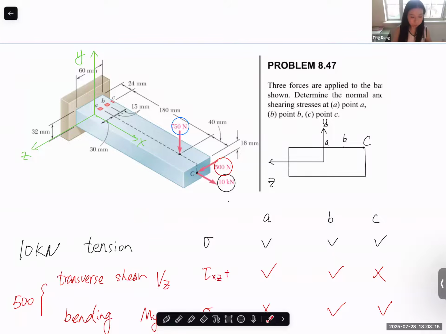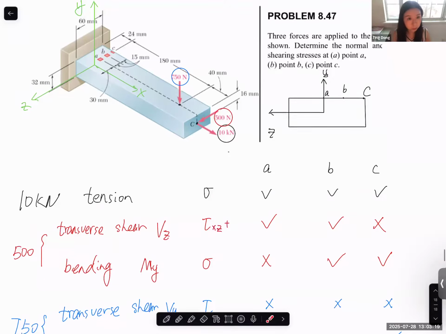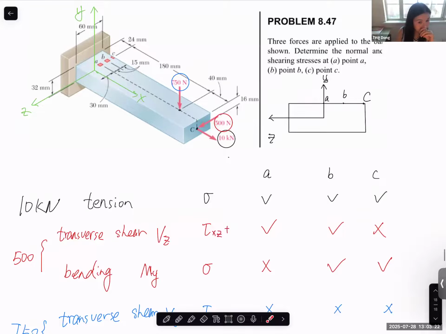Also, the cross section matters for Q. Let's say the key part is point B, of course. If you have a transverse force applied in the z direction, this is the area for the Q calculation.